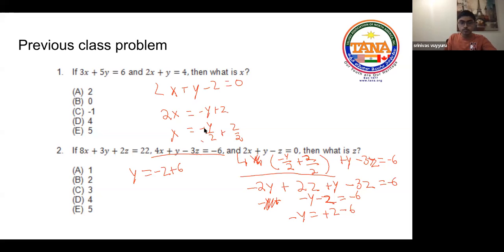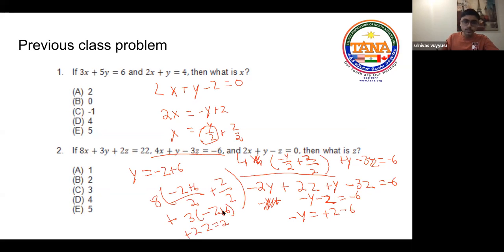That is also x, so you plug in negative z plus 6 over 2 plus z over 2, 8 times all this, plus 3 times negative z plus 6 plus 2z to get 22.